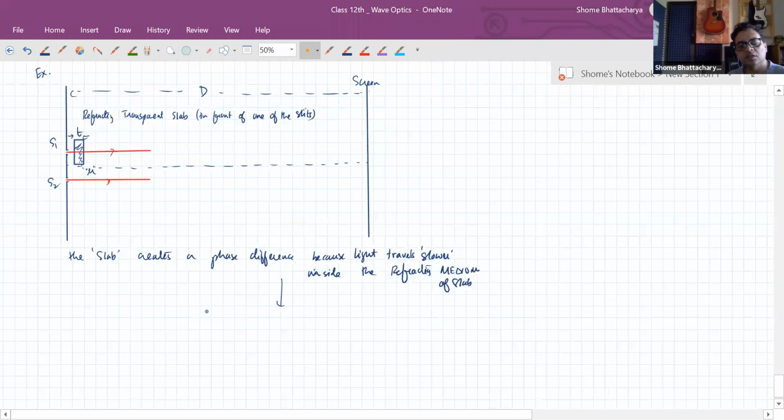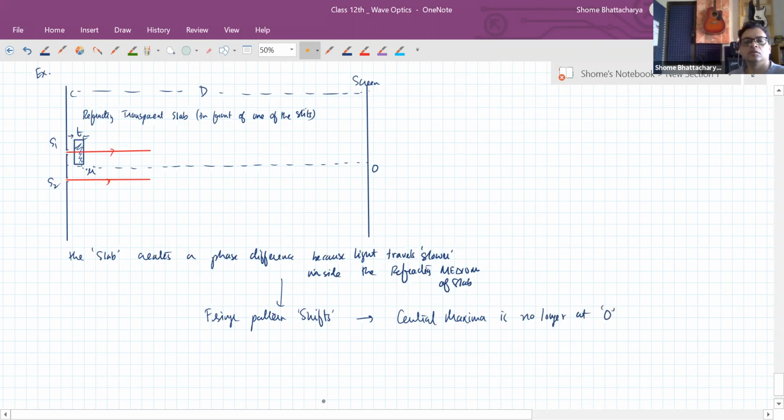So because it creates a phase difference, the fringe pattern shifts. Okay. So this point, the central maxima is no longer at O. In fact, at the position O, light from S1 is behind in time, because the path is the same.